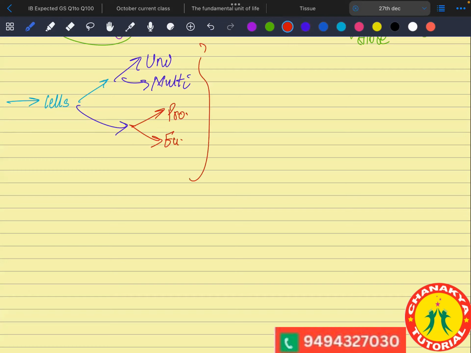So who first discovered the cell? Robert Hooke. Robert Hooke was the first person who discovered the cell, and then came Leeuwenhoek, who did tests on living cells.